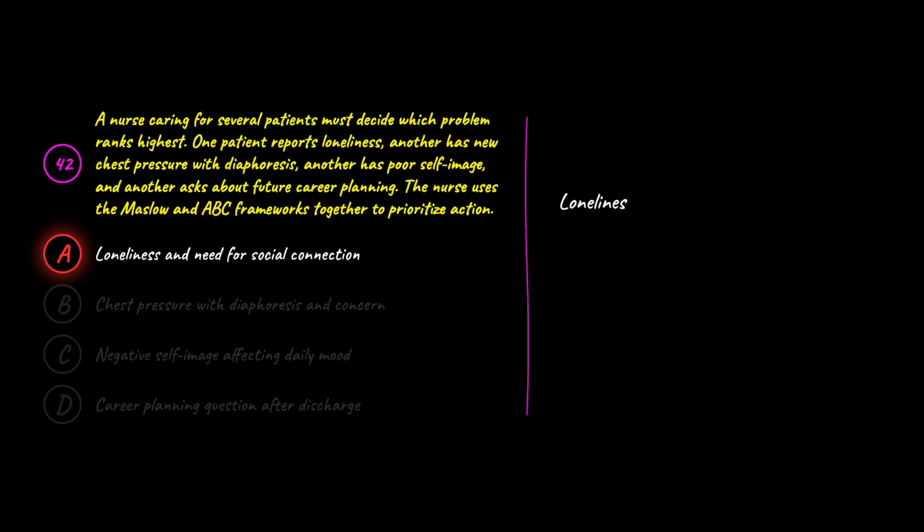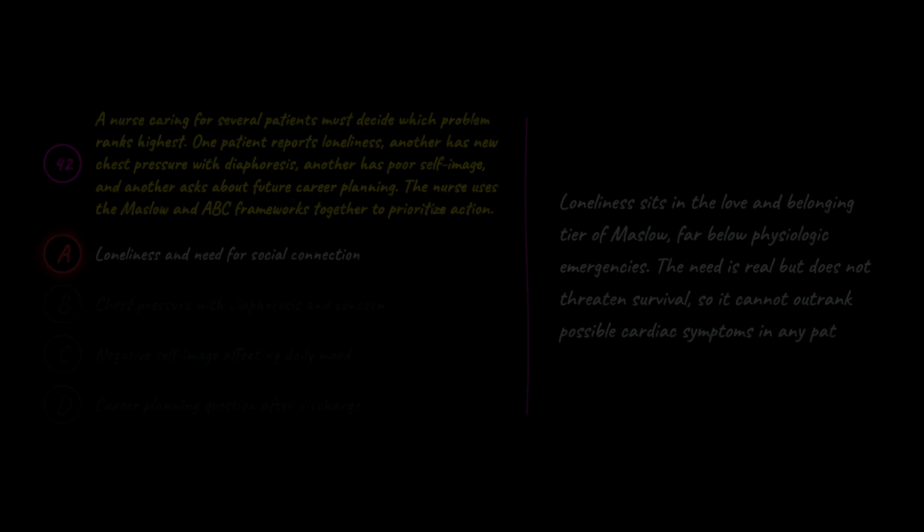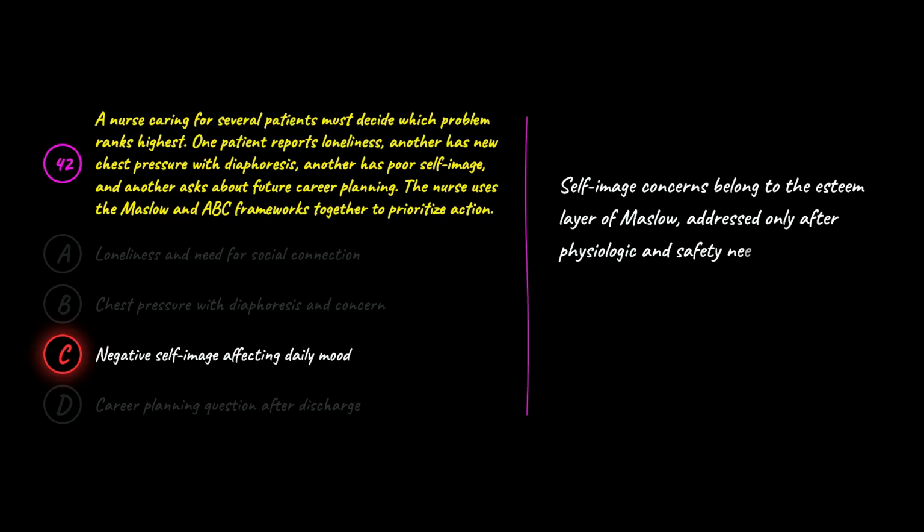A is wrong because loneliness sits in the love and belonging tier of Maslow, far below physiologic emergencies. The need is real but does not threaten survival, so it cannot outrank possible cardiac symptoms in any patient. C is wrong because self-image concerns belong to the esteem layer of Maslow, addressed only after physiologic and safety needs are stable.